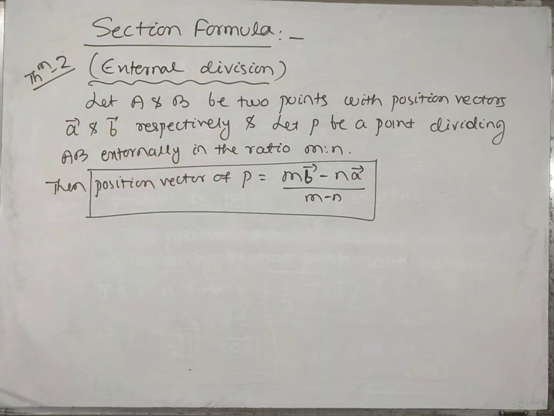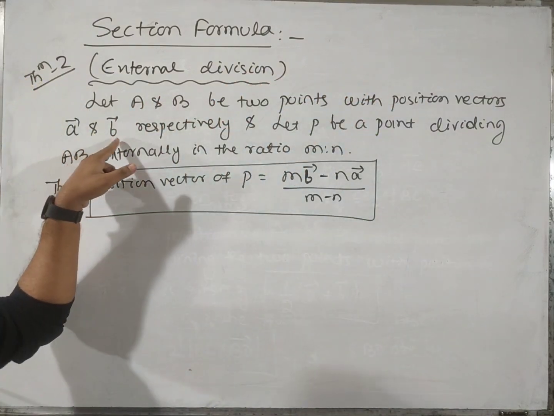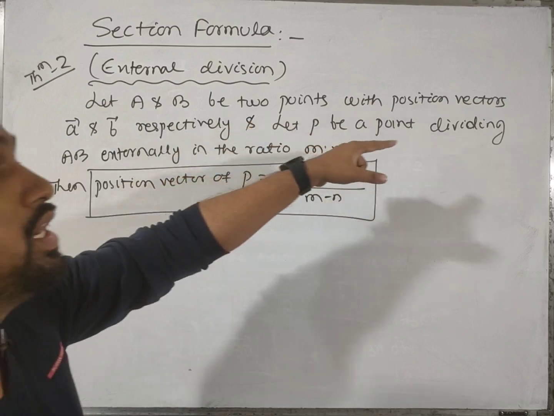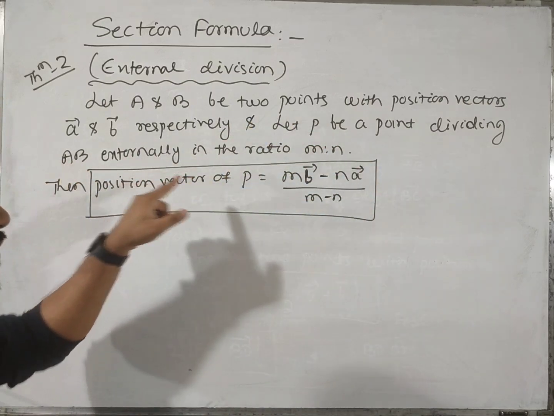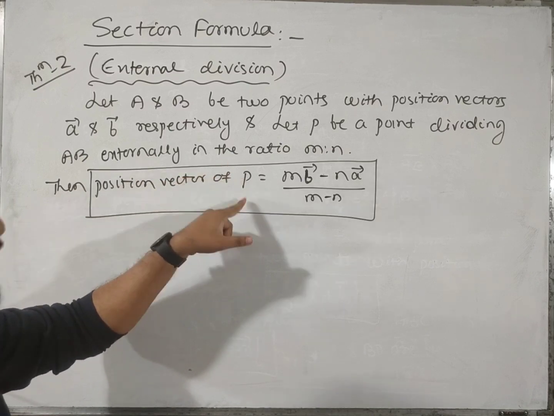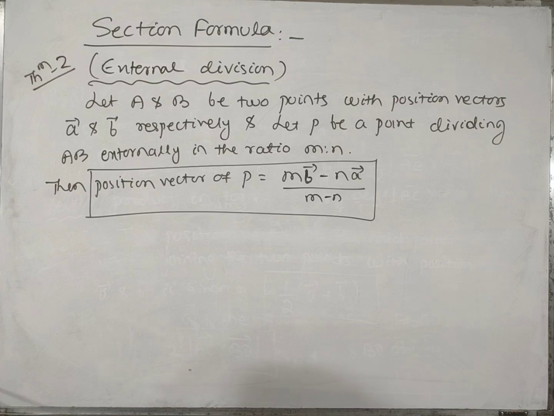So let A and B be any 2 points with position vectors A vector and B vector respectively, and let P be any point dividing AB externally in the ratio m is to n. Then the position vector of the point P is defined as m B vector minus n A vector divided by m minus n. And here it is all about the external division.